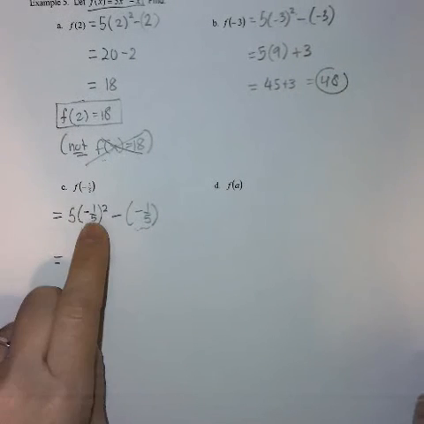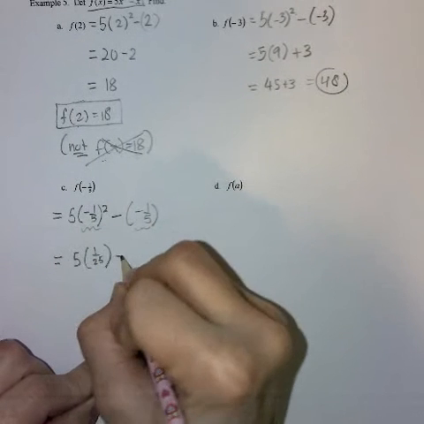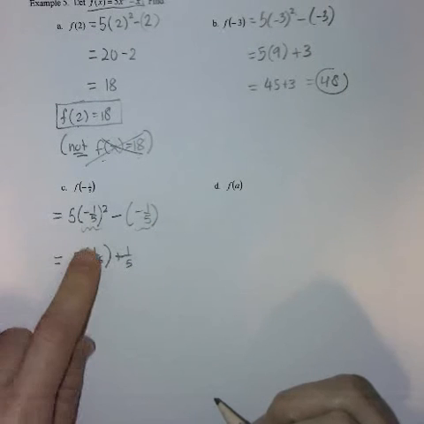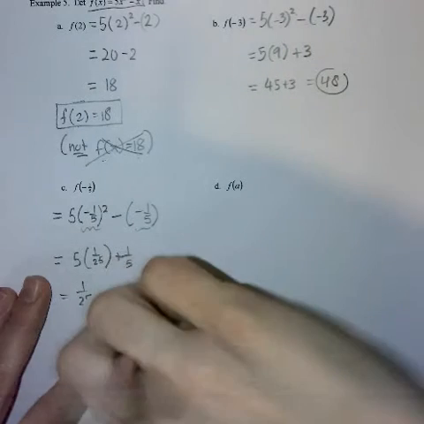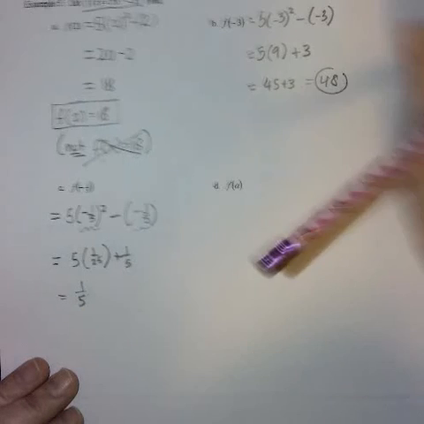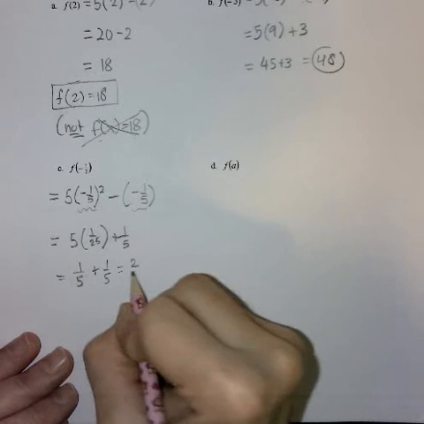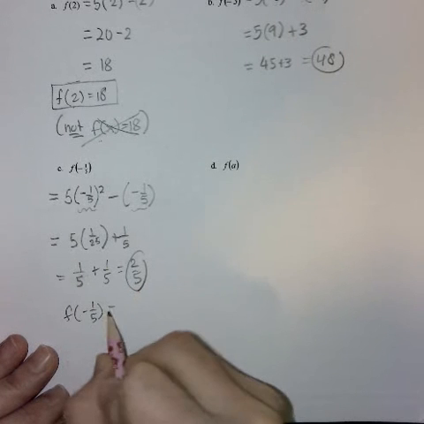Okay, negative 1/5 squared is 1/25, and then plus 1/5. Well, 5 times 1/25 is 5/25, I'm sorry, which reduces to 1/5. Plus 1/5 is 2/5. Okay, so f at negative 1/5 is 2/5.